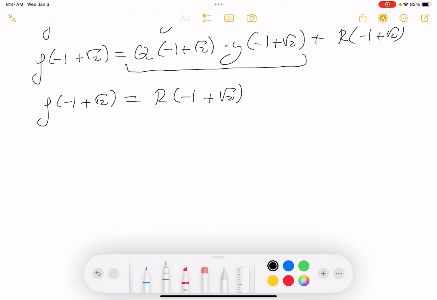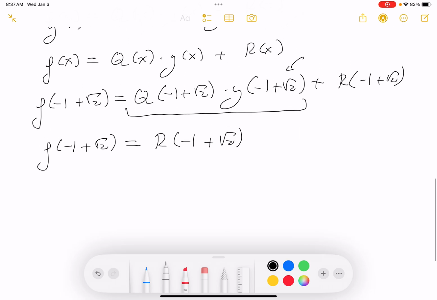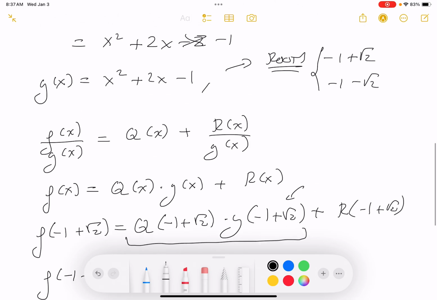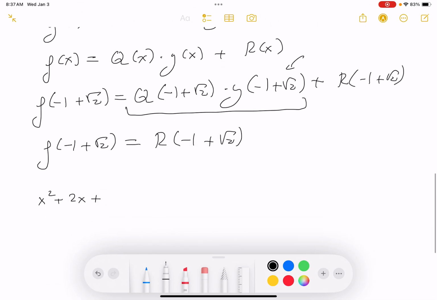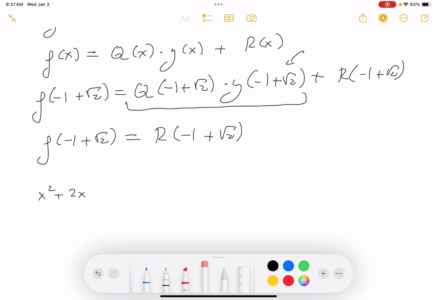So let's write this down. What was g? Again, my goal is to get the remainder. g is x squared plus 2x, oops, not, it's minus 1, right? Yeah, minus 1. And I need to divide that into that crazy looking polynomial.